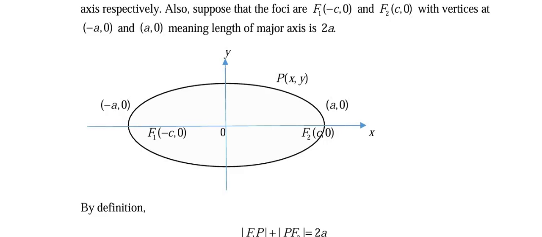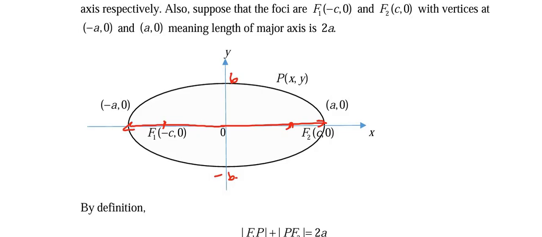There's always this longer distance, the major axis, which will have these coordinates: A and negative A. Then the focuses, you always have two. They are supposed to lie on the major axis, so there's also a negative and a positive. Then there's a minor axis. This has to be B, this has to be negative B. So this is what you need to have in mind whenever you think about an ellipse.